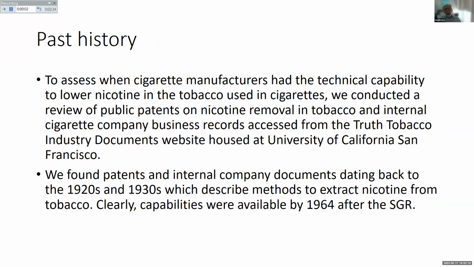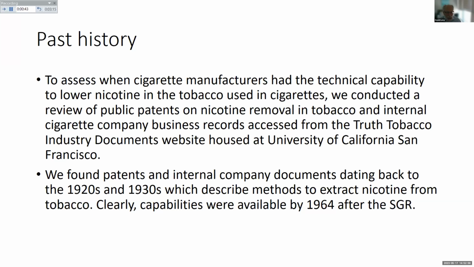Okay, so as I mentioned, our first aim, and I'm just going to discuss this briefly, but there's a more extensive discussion, tables and so on in the paper, was to assess when manufacturers had the technical capability to lower nicotine in the tobacco used in cigarettes. We conducted a review of public patents on nicotine removal in tobacco and internal company business records assessed from the Truth Tobacco Industry Documents website, which is housed at UCSF.